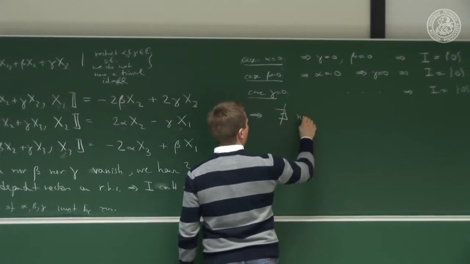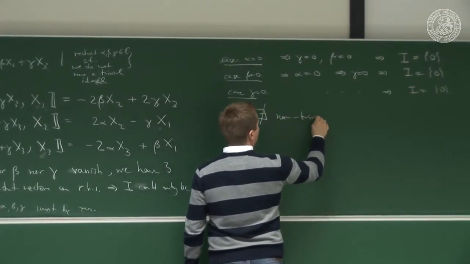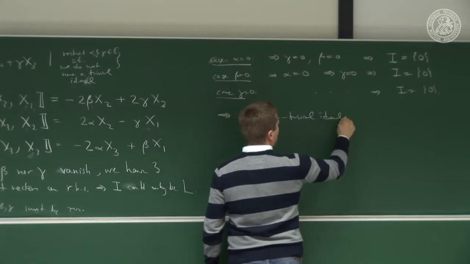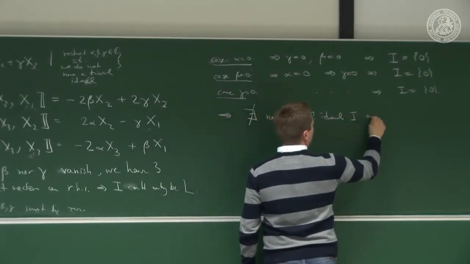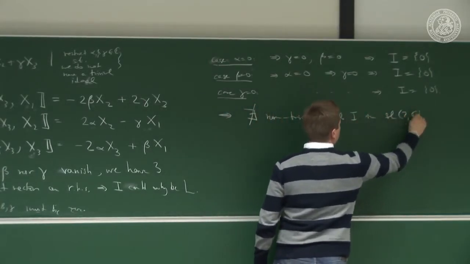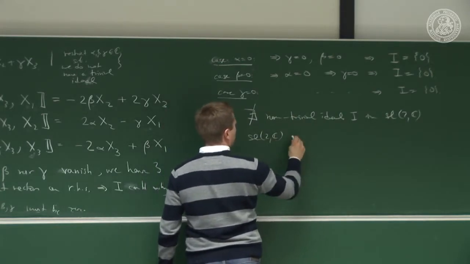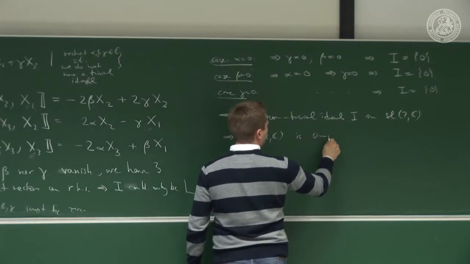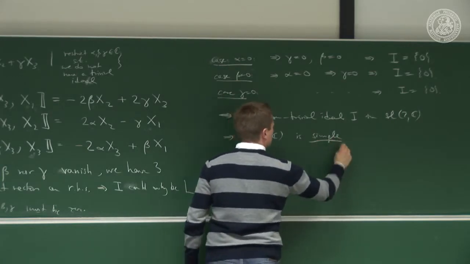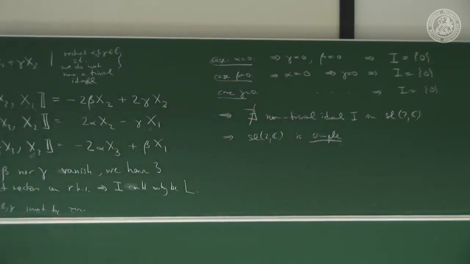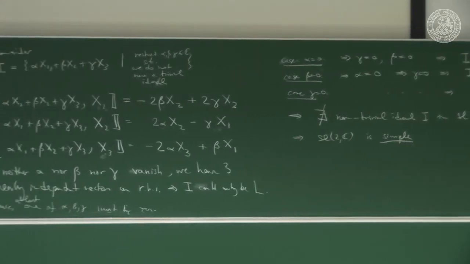There exists no non-trivial ideal I in SL2C, and that just means SL2C by definition is already simple. So it's not only semi-simple, it is simple. Okay, so that we just did for completeness.